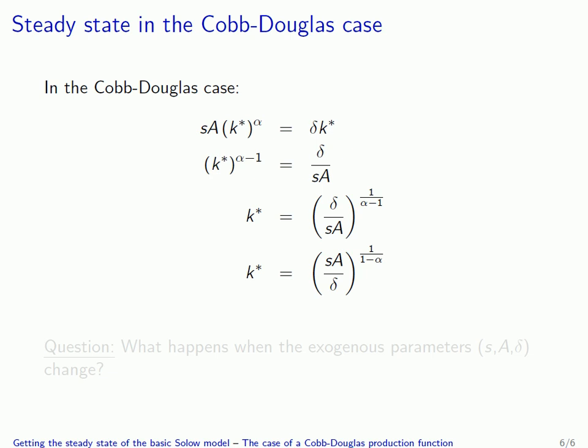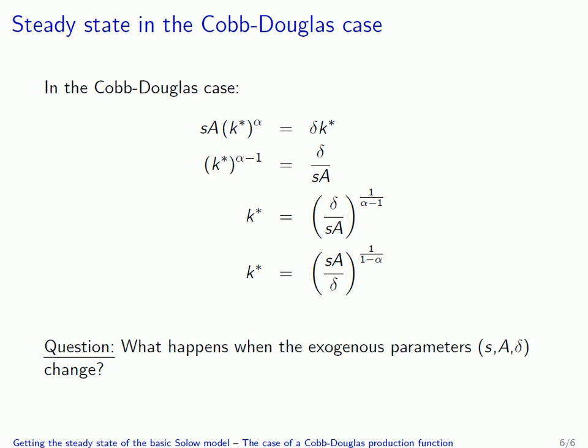And then everything becomes much easier to analyze if we want to know how k star depends on s, A, or delta. So precisely here, as a kind of reflection on this formula, I'm asking you to find what happens to the steady state of this economy when you change the exogenous parameters, such as A or delta.